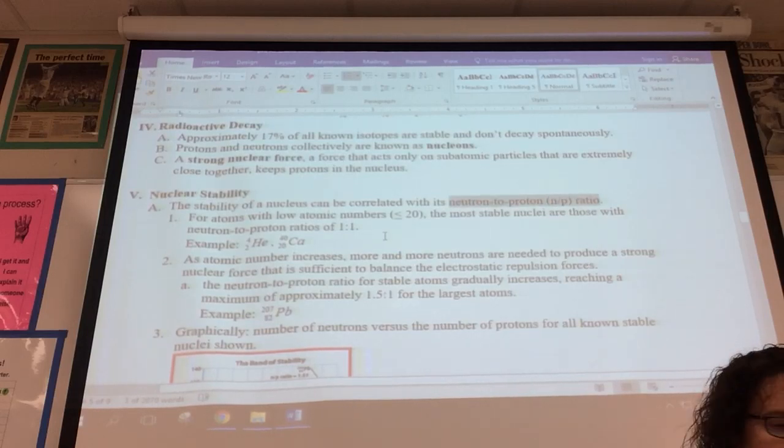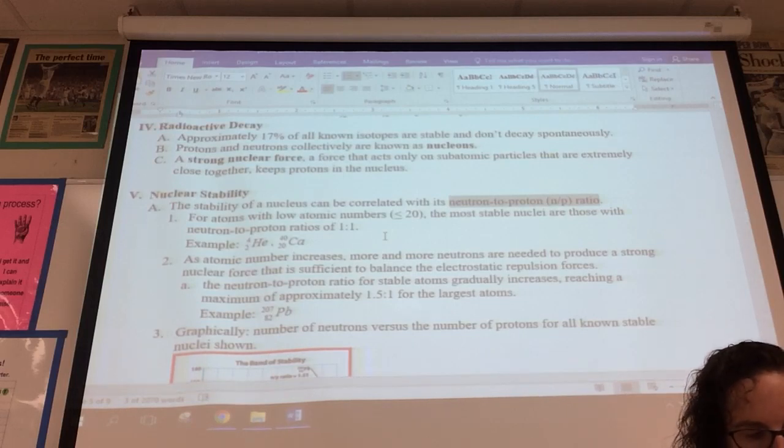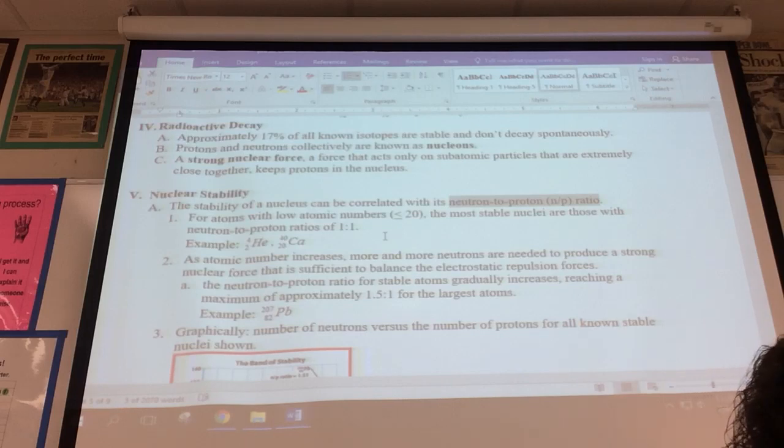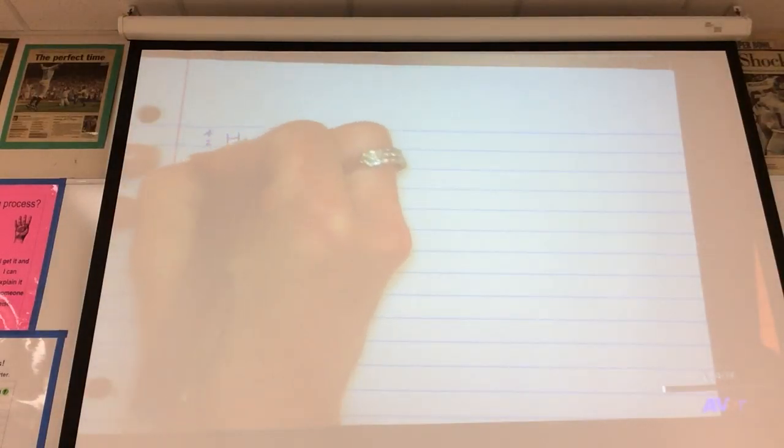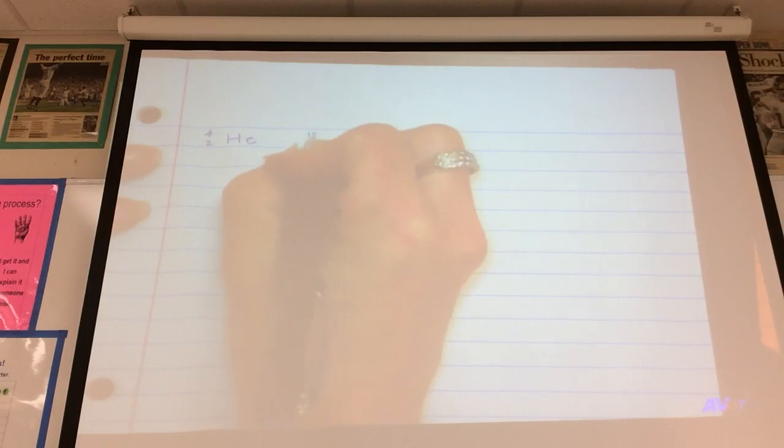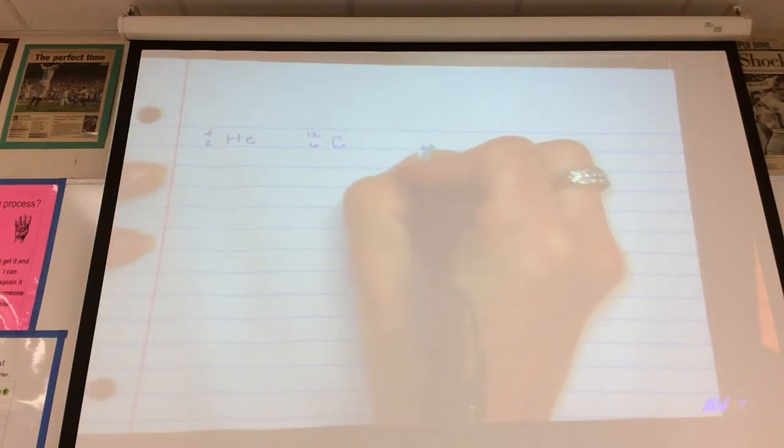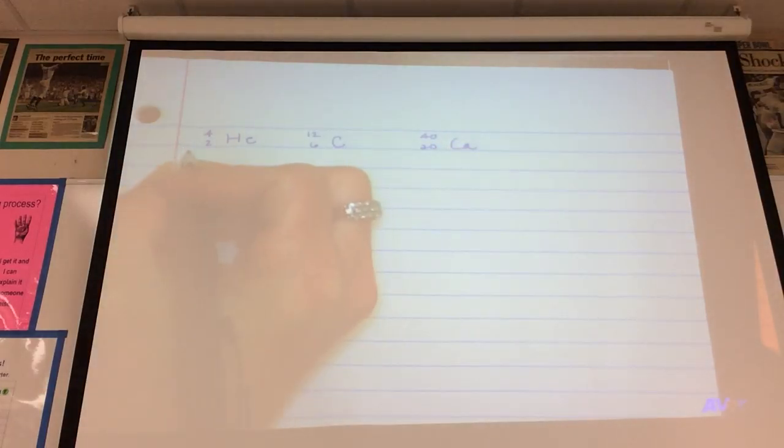For example, atoms or elements with atomic numbers of 20 or less typically have neutron to proton ratios very close to 1 to 1. For example, if you consider helium or carbon or calcium, how would you get the number of neutrons for helium?